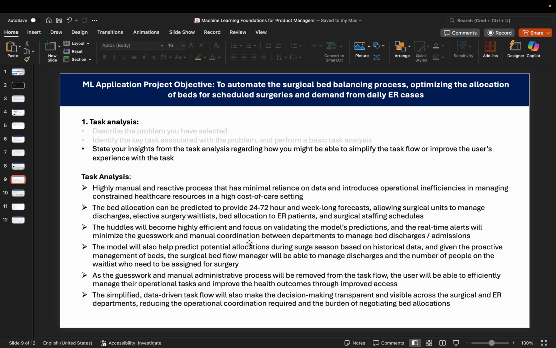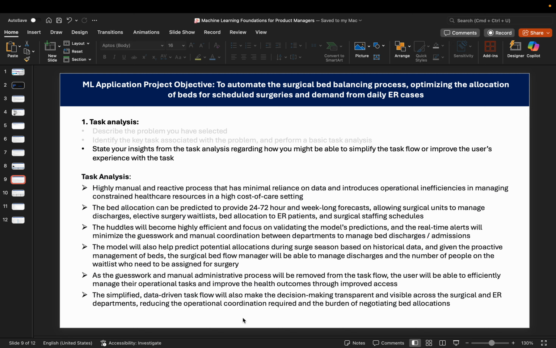The allocation can be predicted using data, our machine learning algorithm, for a 24 to 72 hour period, and also week-long forecasts, allowing surgical units to manage discharges, wait lists, and bed allocation to ER patients, along with surgical staffing schedule, which improves staff morale and reduces their burnout as well.